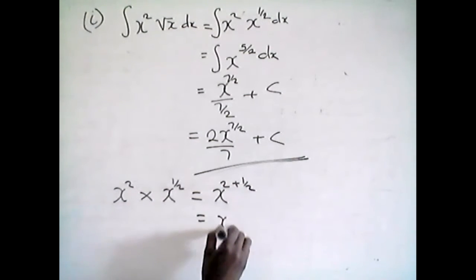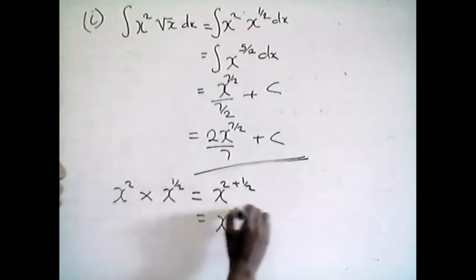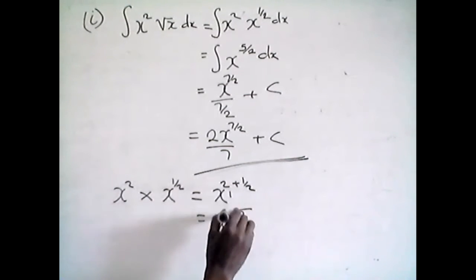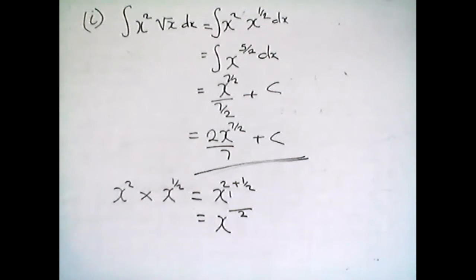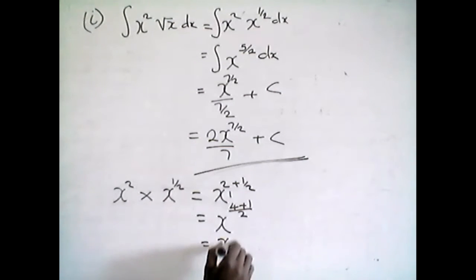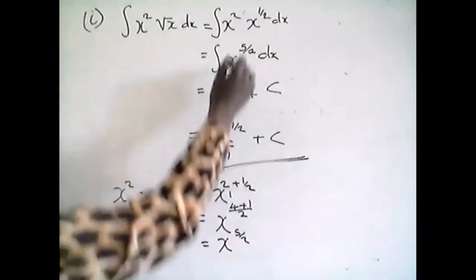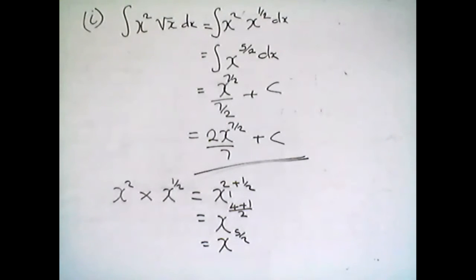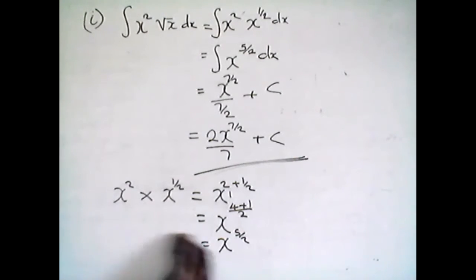So this piece here is 2. 2 divided by 1 is 2. 2 multiplied by 2 gives 4, plus this one, so we are going to get x to the power 5/2. So that's the 5/2 that we wrote there. So let's look at J.